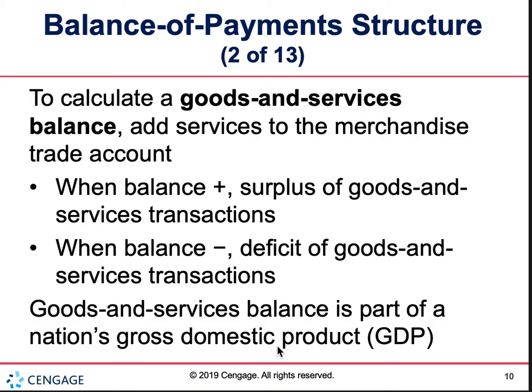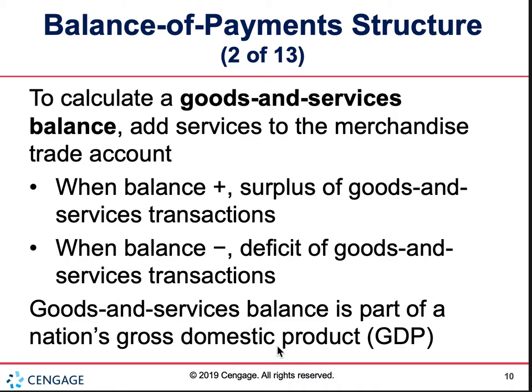All right, so to calculate the goods and service balance, before we were just looking at merchandise. To get a broader understanding of the international transactions of a country, we add services to the merchandise. So now we're looking at physical goods and also services. When this goods and service balance is positive, there's a surplus of goods and service transactions, basically meaning they're providing more services and goods compared to bringing in over a time period.